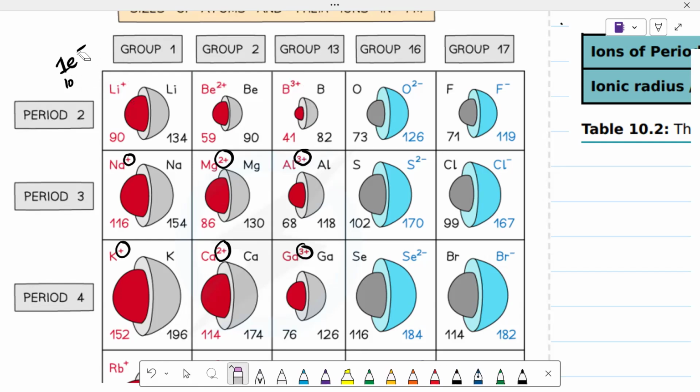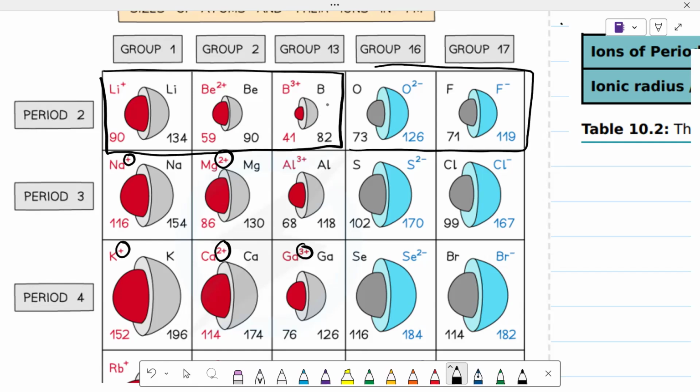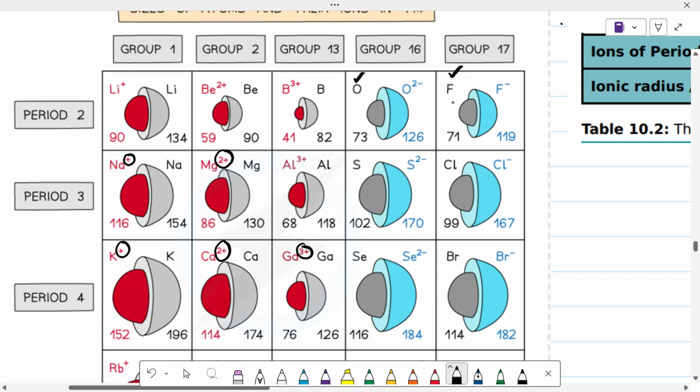One more thing: don't compare cations and anions in the same manner. I just gave you the comparison of these three cations. Now I am giving you the comparison of the anions. Don't compare anions and cations together, you will get confused. Now if you see anions, at the atomic level we have discussed that across the period the atomic radii decreases.